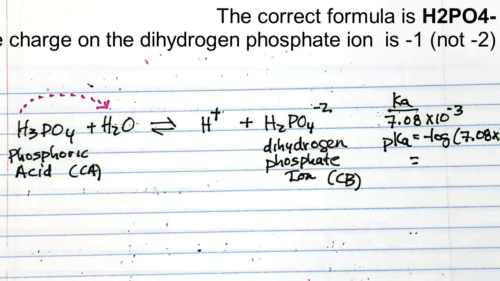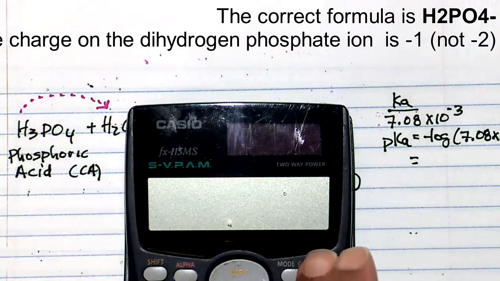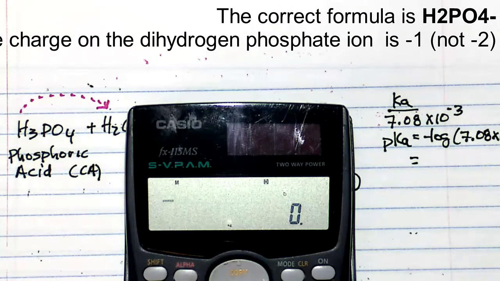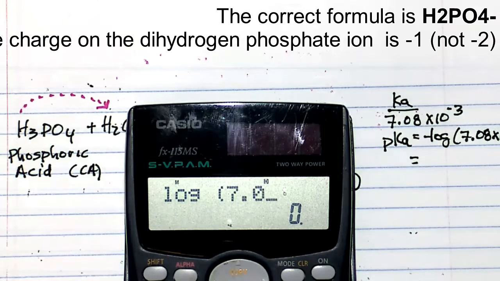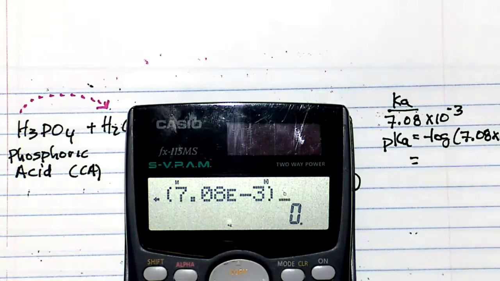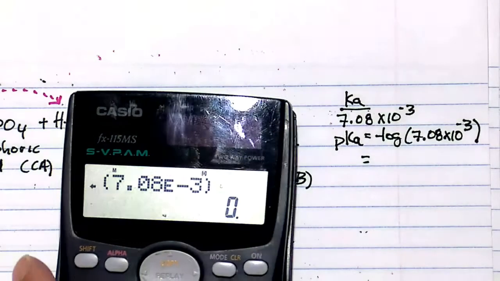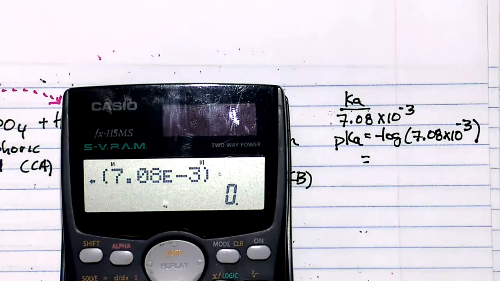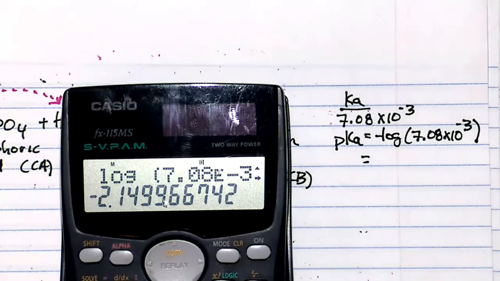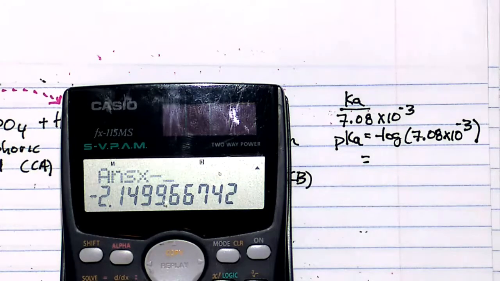So I'll get my calculator out here. Log of 7.08 exponent minus 3. Don't forget I have to take the minus of that. And the minus of a minus is just plus.